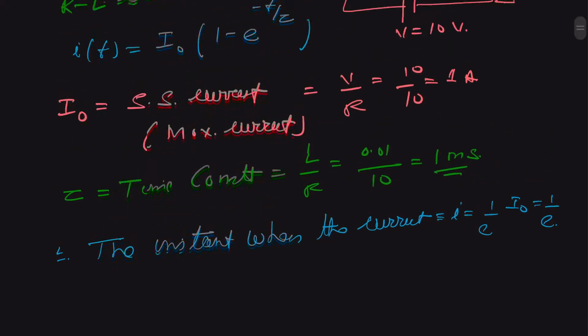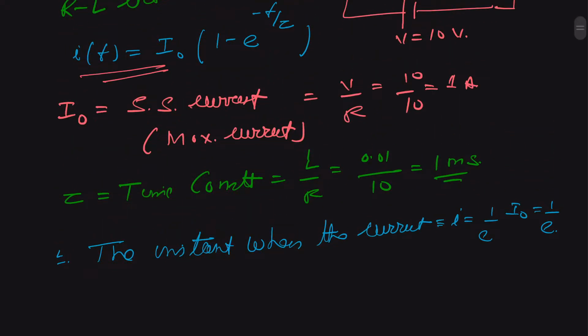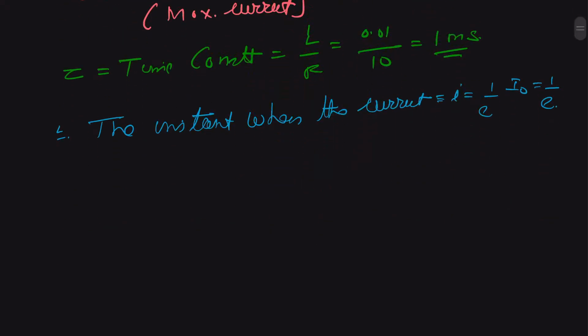Therefore, we substitute it in equation 1. So from equation 1, we get 1 upon e is equal to, and I naught is 1, so this comes 1 minus e raised to power minus t upon tau.